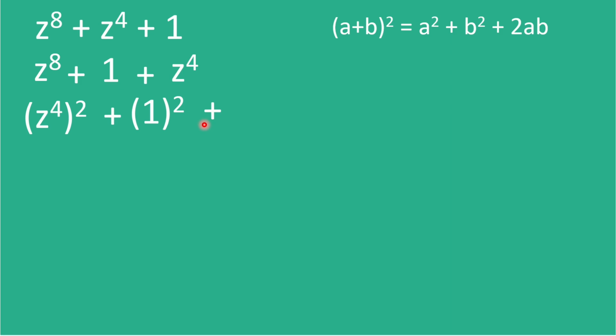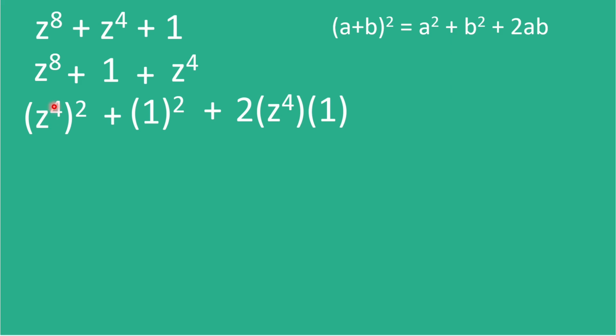Here we have a equal to z power 4 and b equal to 1, so 2ab is 2z power 4 into 1. Now look at this part of the question.